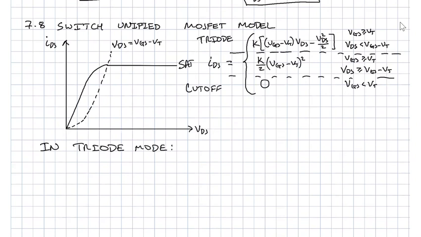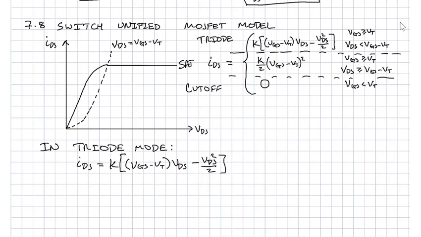So one is what happens between the triode and the saturation boundary. So if we started with our new, more complicated expression for drain source current in triode.